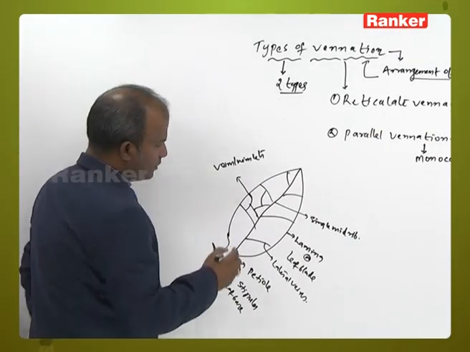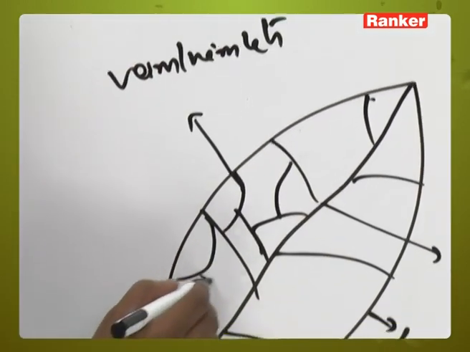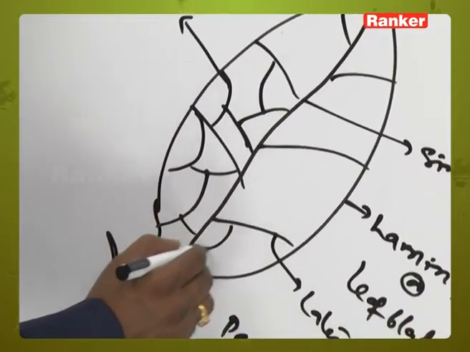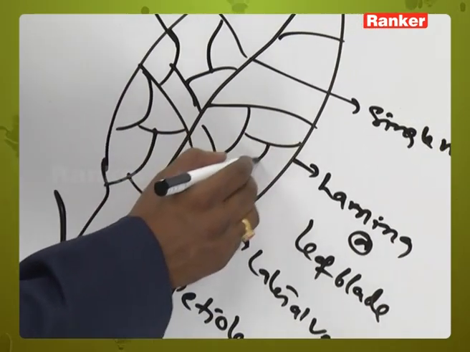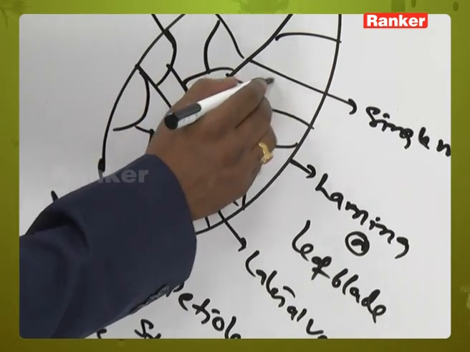Due to this, the leaf appears to have a net-like arrangement, which is what reticulate means.